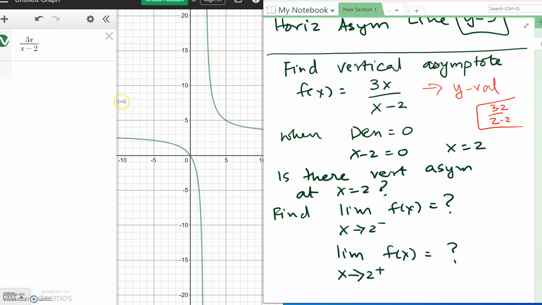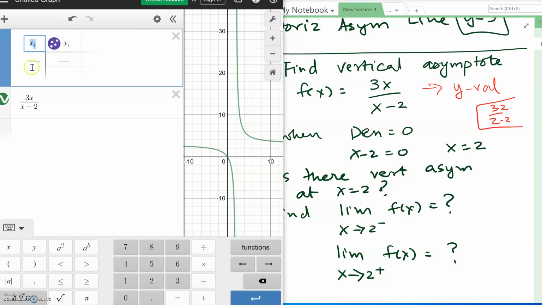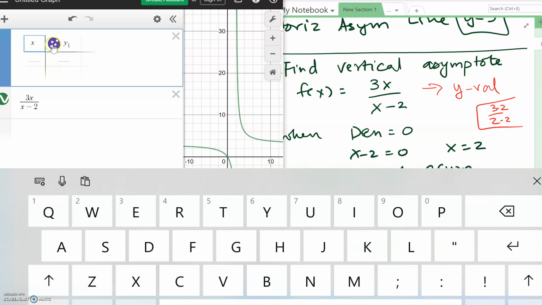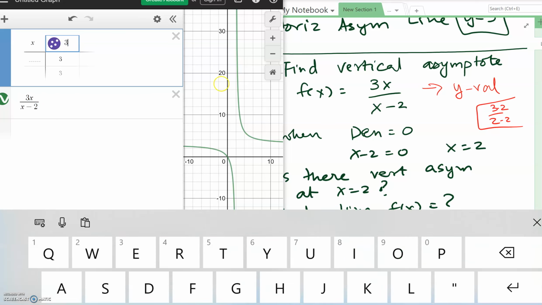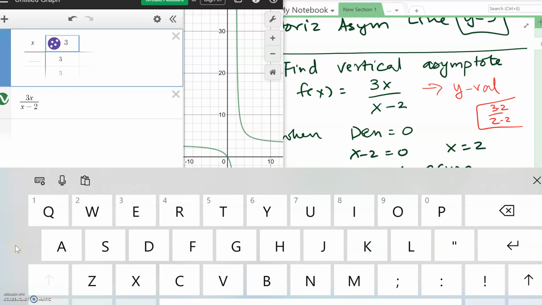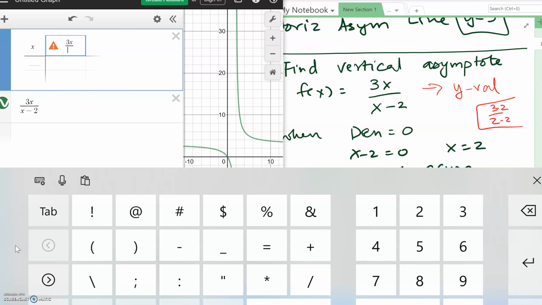So let's create a table. It's going to be x, and we have 3x over x minus 2.